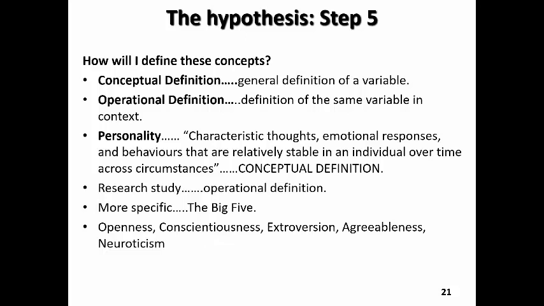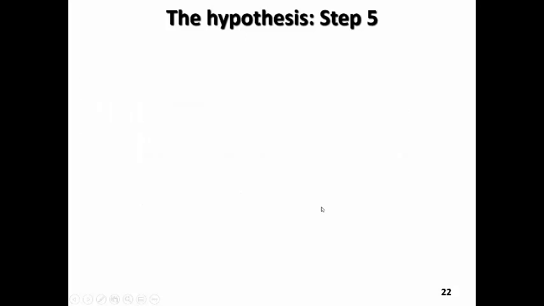So now we have that very general concept, but now what we've done for a particular research study is that we've operationalized the definition in a way that we can measure it qualitatively or quantitatively, and that's going to be specific to a research question. It should be noted that the operational definition is one that should also be generally acceptable to a particular field of study and is a natural extension of the conceptual definition.